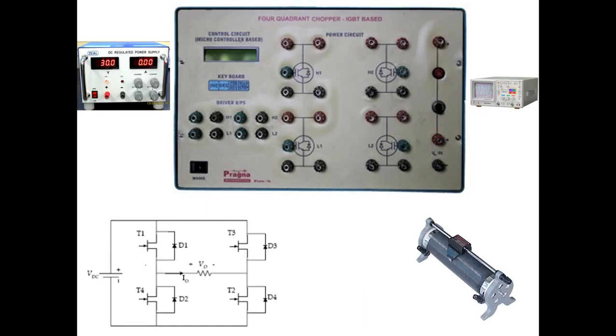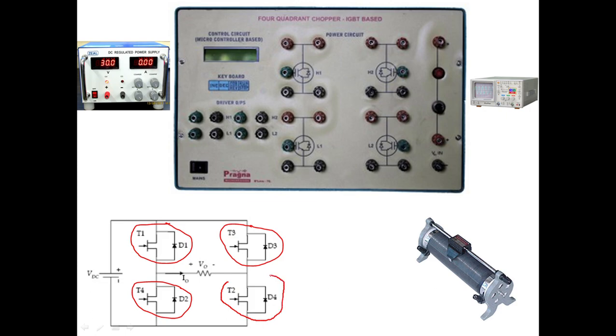Now we'll see how the connections are done. Now you see here, this is the full bridge inverter which we'll be using for this experiment. This is a circuit which we'll be using. So there are four switches: 1, 2, 3, and 4.